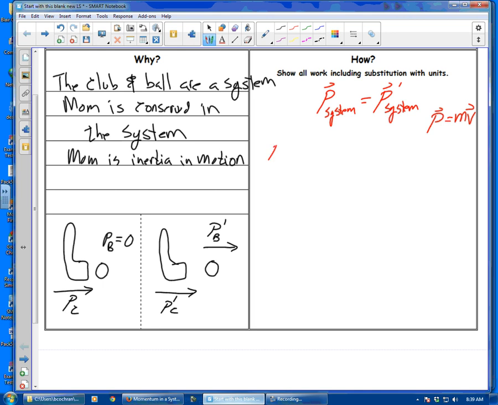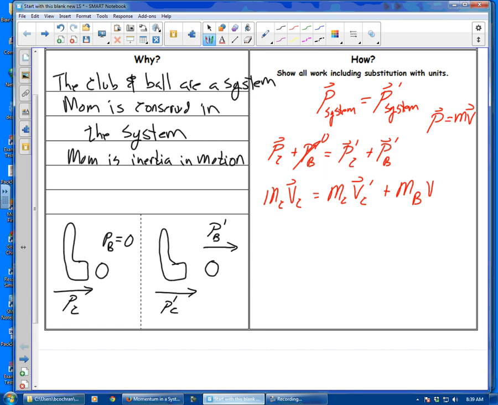So momentum of the club plus momentum of the ball equals momentum of the club afterwards plus momentum of the ball afterwards. Nicely, this is 0. We've got inertia of the club, velocity of the club. Sorry, these should all have vector symbols on it. Equals inertia of the club, velocity afterwards of the club, plus inertia of the ball, velocity of the ball afterwards.